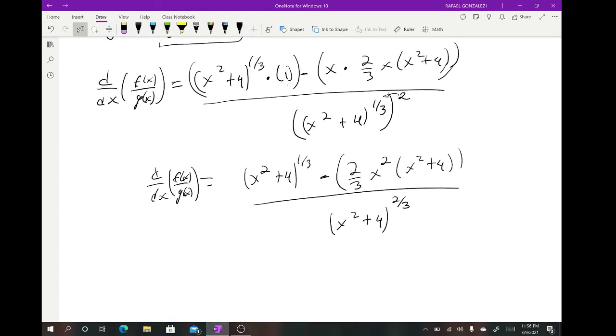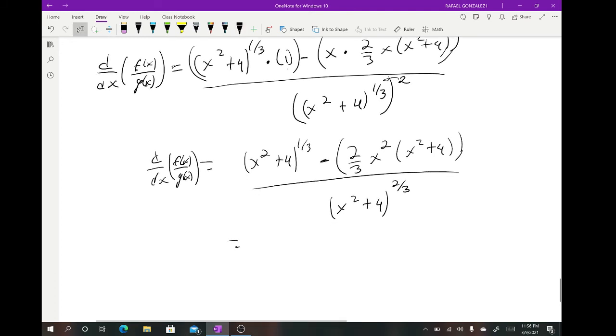Okay? Well, now what? Now I'll try to see if there is something that I could move around. So let's see what happens. I have an x squared plus 4 in the denominator to the power 2 over 3. I have an x squared plus 4 in the numerator to the 1 over 3, and an x squared plus 4 as well multiplied by 2 over 3x squared.